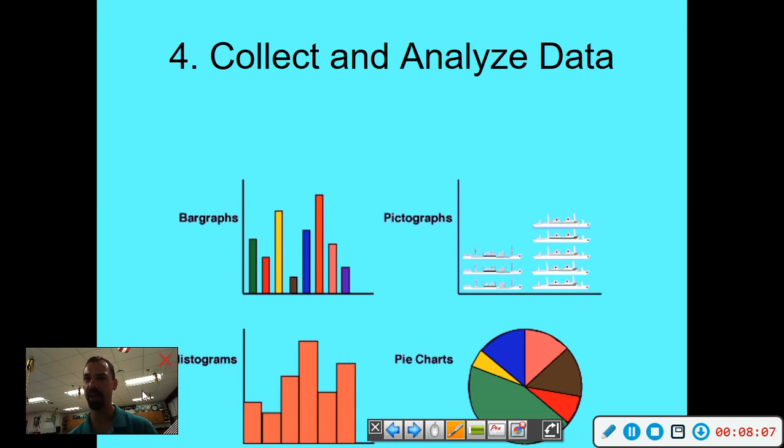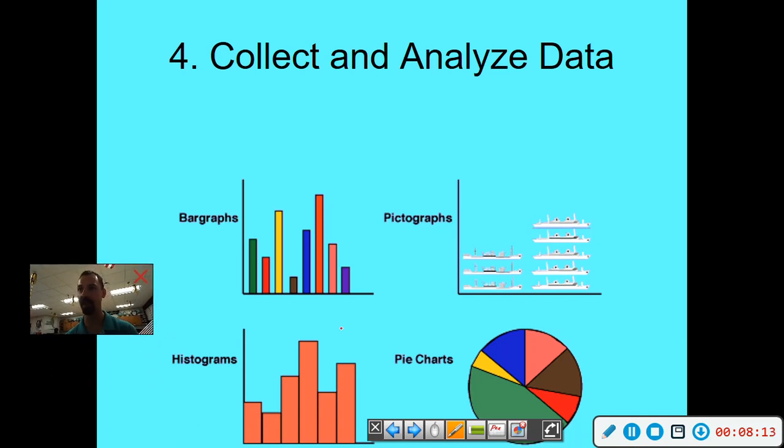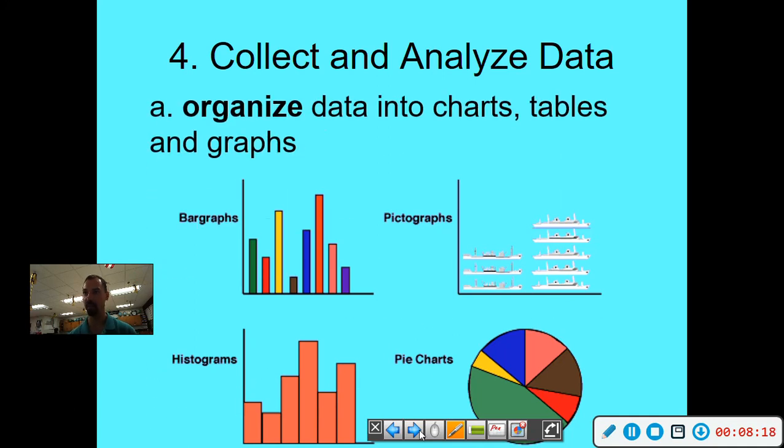Okay, then we get our data. And then what? Well, we got to start organizing it. We don't want to just have random scattered data. So what we do, we obviously can make data tables, all right? But we can also make charts, graphs in different ways to try to make it easier for your audience to read.